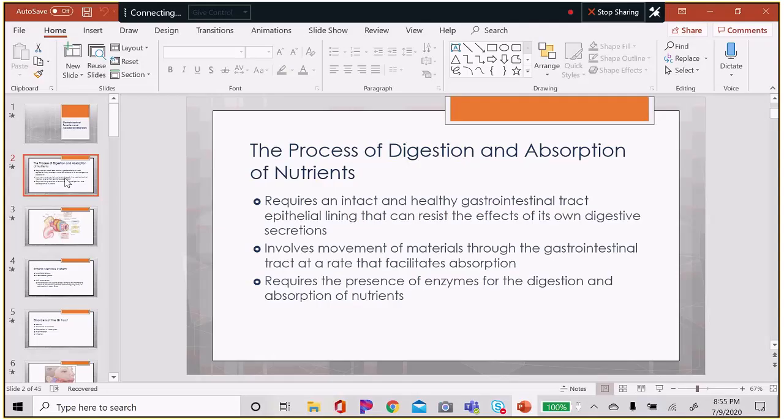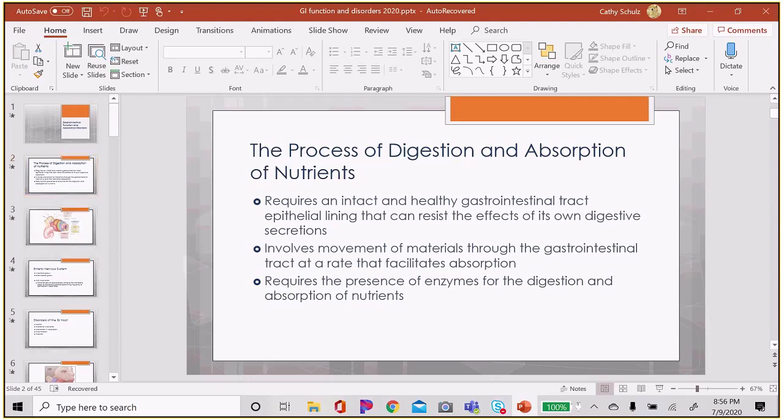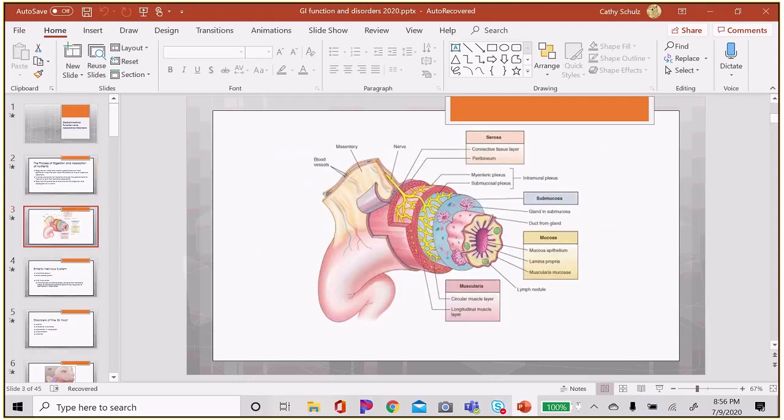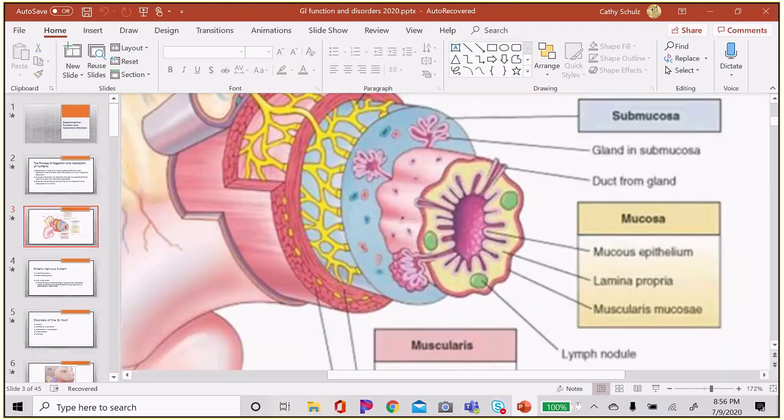So, GI system is basically all made in order for digestion to take place, so that we can get the nutrients we need to do all the jobs that the body has to do. And the GI tract itself is made up of these same layers, no matter where you are in the GI tract.